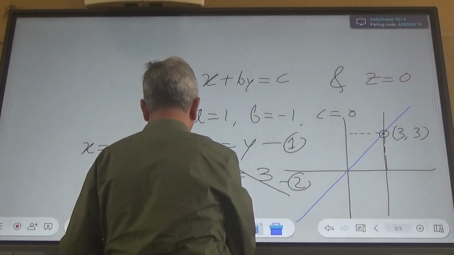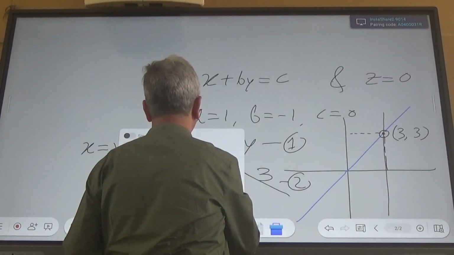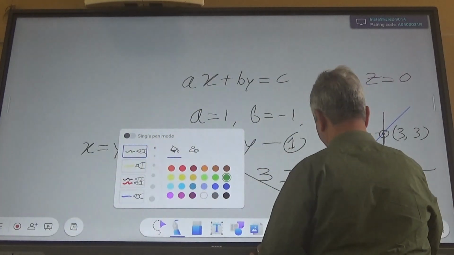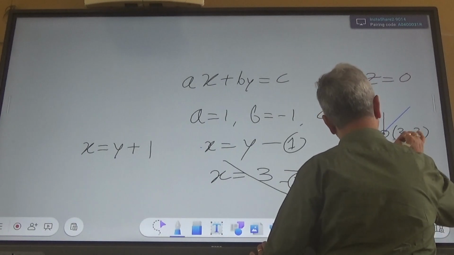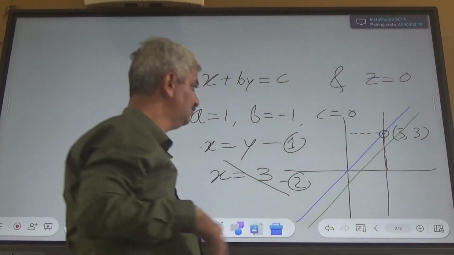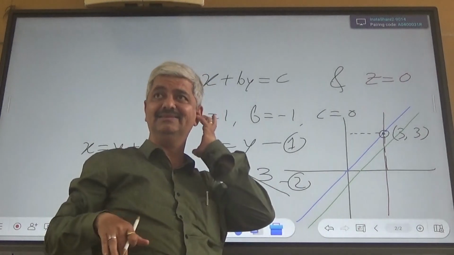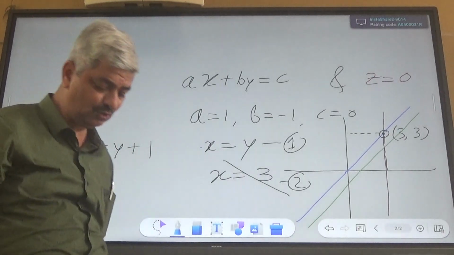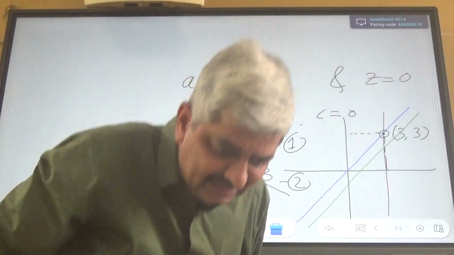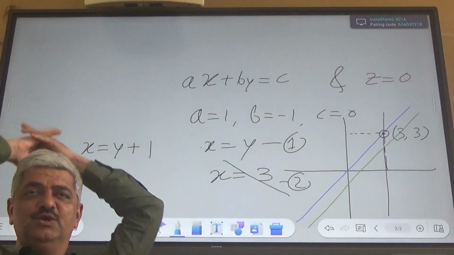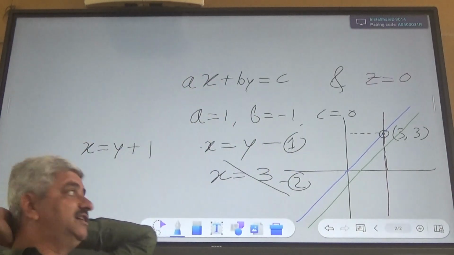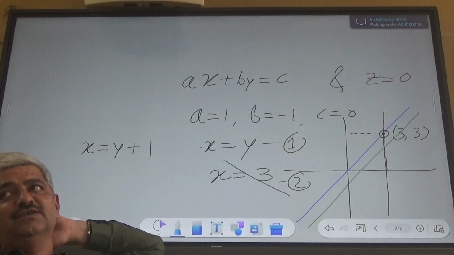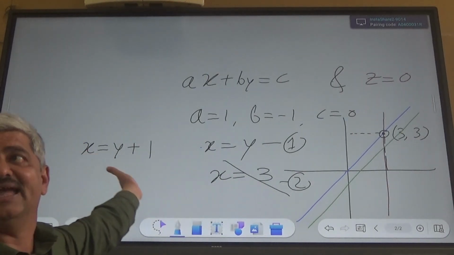So the blue line represents the set of points which satisfy equation 1, whereas the green line gives me the set of points which satisfy equation 3.